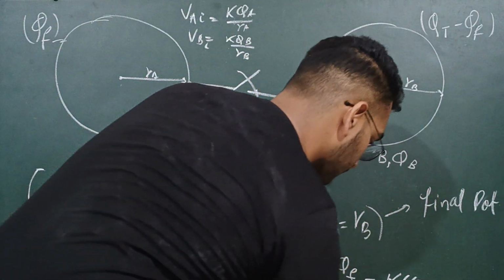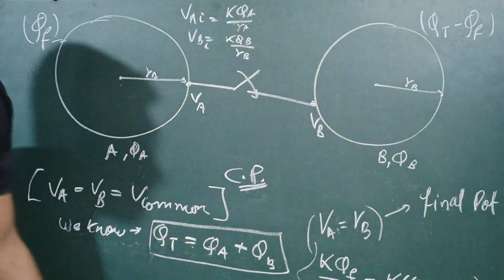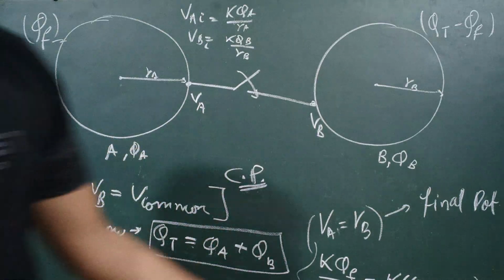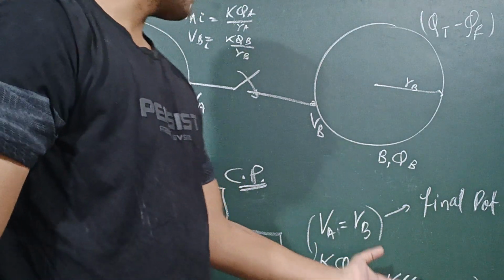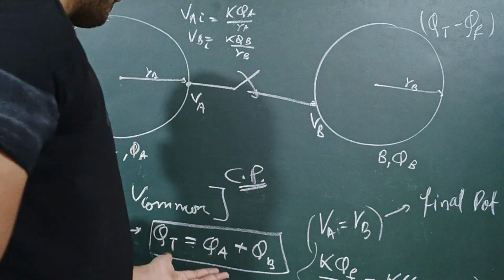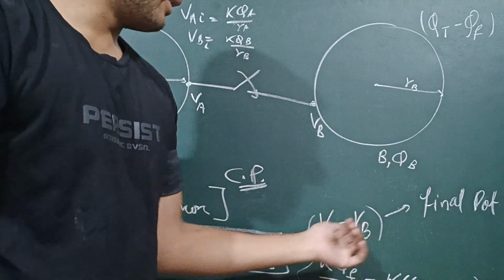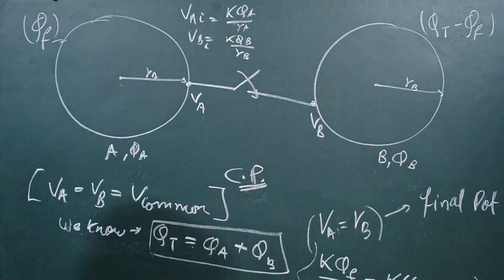And this is really important because we will calculate the final charge on this sphere, because we know the addition of those charges, QA plus QB, is just equal to QT, and we will just have one unknown variable, that is QF.